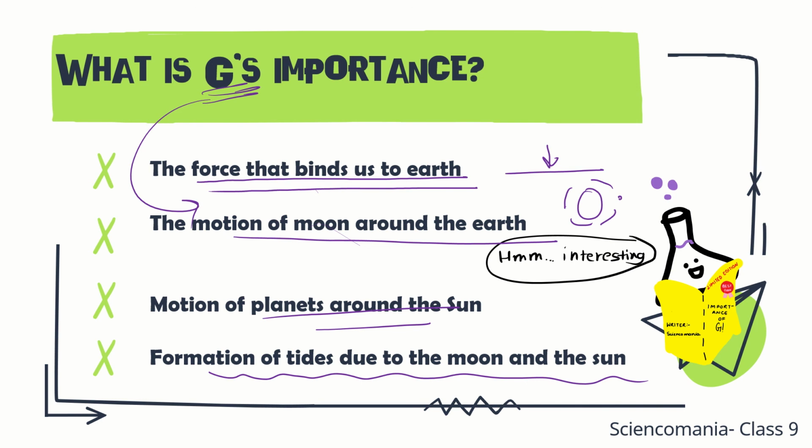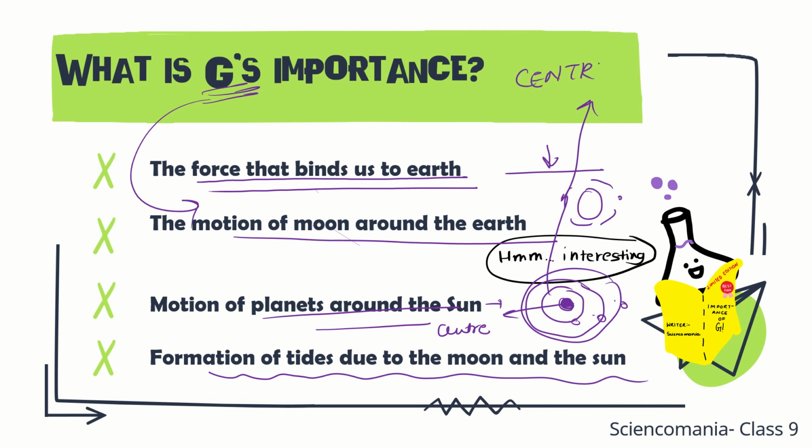Now, the motion of planets around the sun. The sun is in the center of the solar system. All the planets are revolving around it. They are revolving around the center, we can say. This type of force is known as centripetal force.